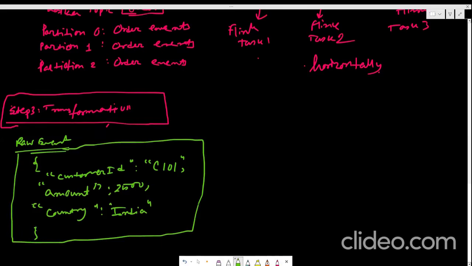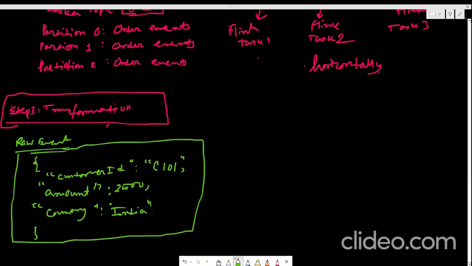Now, through the transformations, the business may want some extra things like the currency. So we got the data, the country is India. From that we can get the currency of India, right? INR.